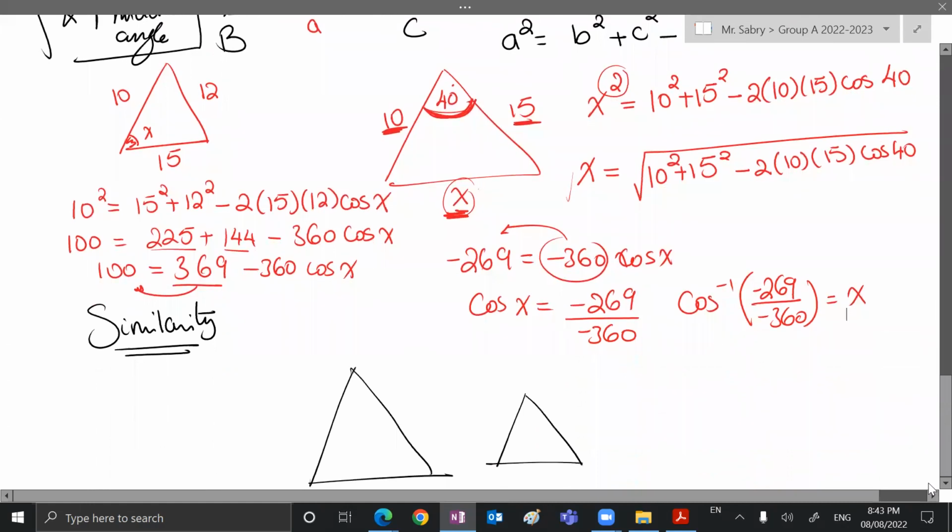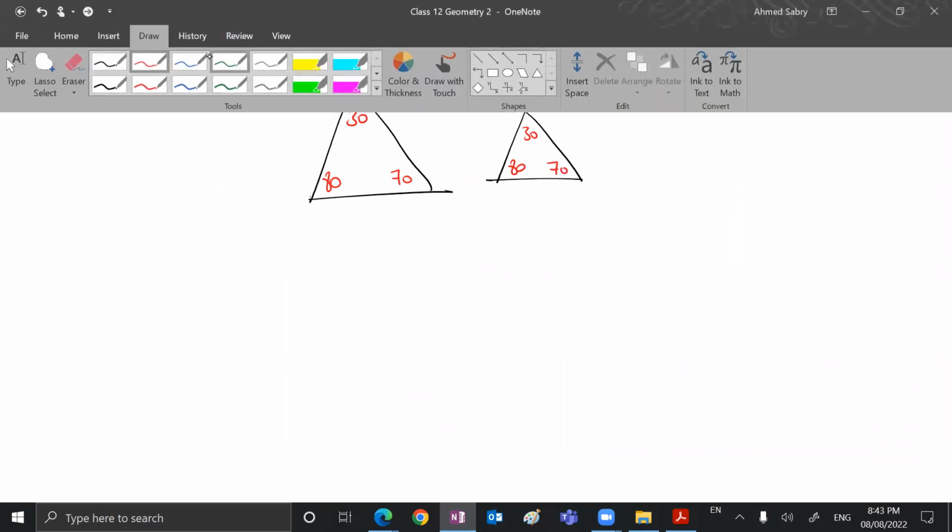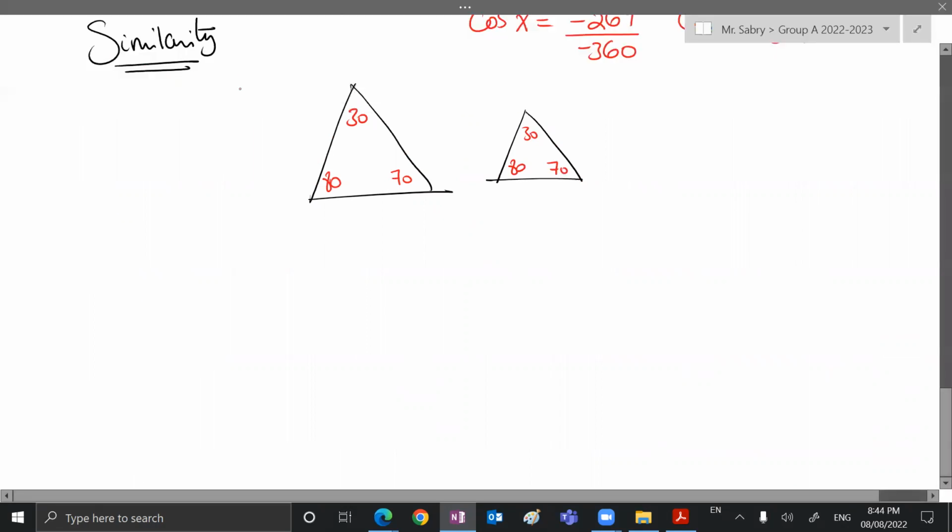What about the similarity? As I was saying, the similarity, whenever we have two triangles with the same measures of the angles but with different lengths of the sides. What happens when I know that these triangles are similar? There is a small triangle and a bigger triangle.